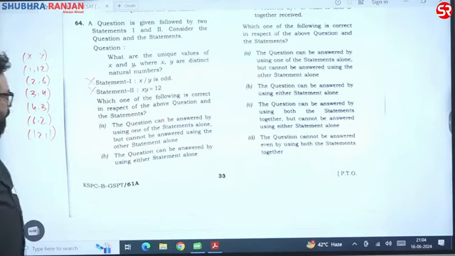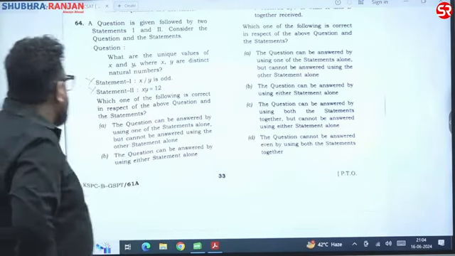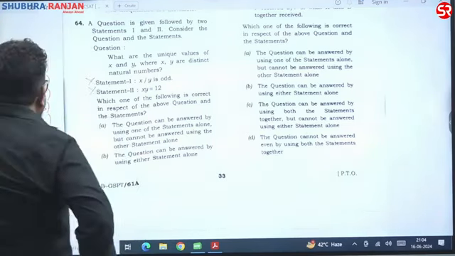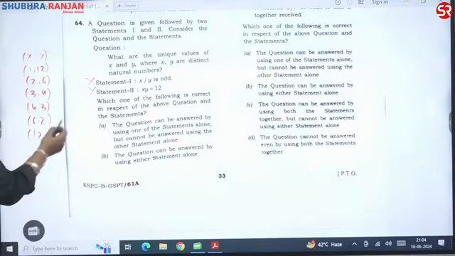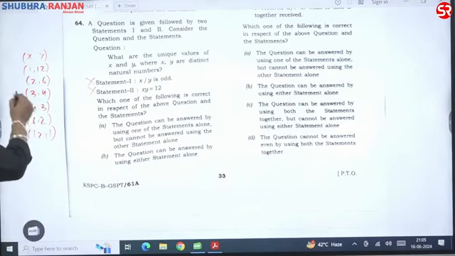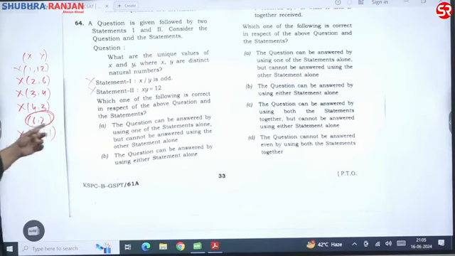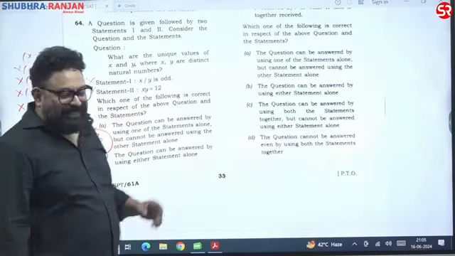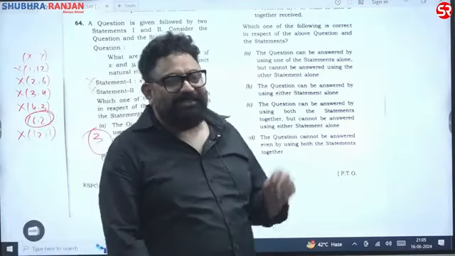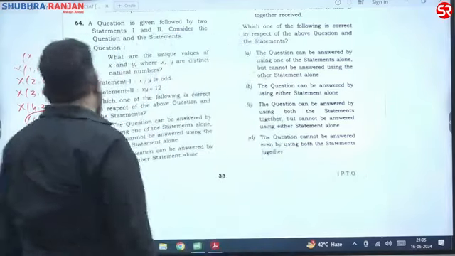So statement 1 alone is not sufficient, statement 2 alone is not sufficient. Then if we combine them, x upon y is odd: 12 upon 1, no. 4 by 3 is not odd. 6 by 2 is odd. Yes, answer is 3. Mixing the two statements together gives an answer. I know most of you got answer 4, but I'm sorry, the answer is 3.